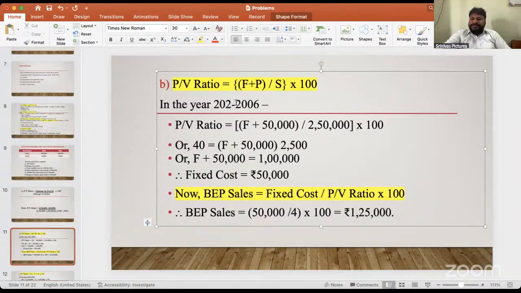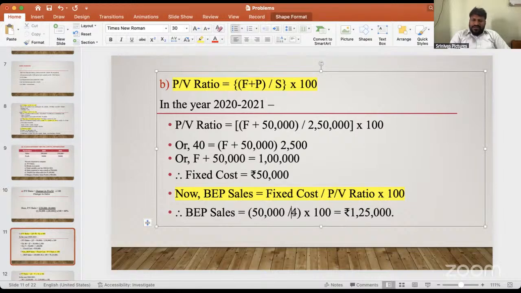The fixed cost we don't know, but 50,000 is the profit they already gave for 2021. So the total 50,000 is the fixed cost according to this equation. The break-even sales is 50,000 divided by the PV ratio, that is 40%.